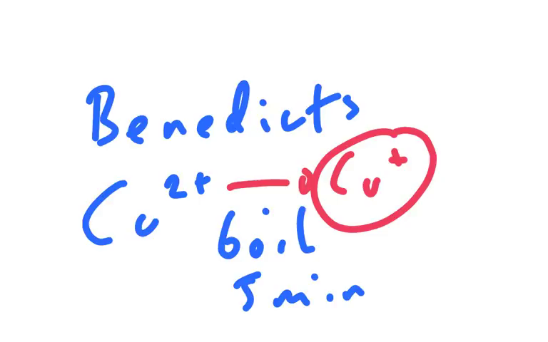Now, the tests we've looked at before have been qualitative tests. They've been tests for the presence or absence of things. So, starch is a qualitative test, the fat test is qualitative, the protein test is qualitative. Now, Benedict's is a semi-quantitative test because how red it goes depends on how much of the reducing sugar is present.